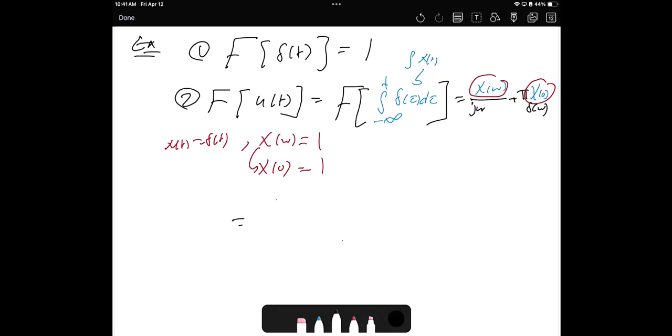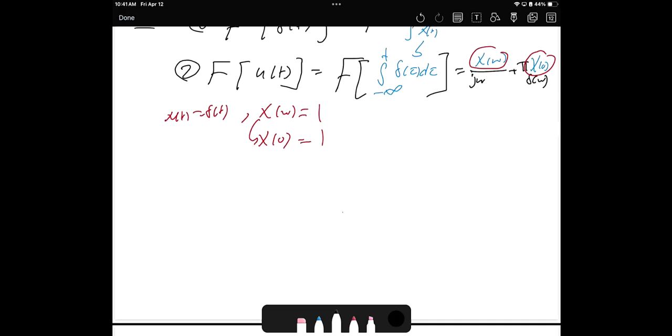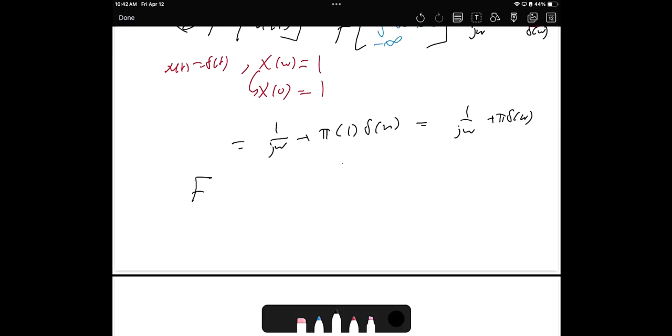Then it will be 1 over j omega plus pi times 1 times delta omega. The final answer will be 1 over j omega plus pi delta omega. In other words, the Fourier transform of u of t equals 1 over j omega plus pi delta omega.